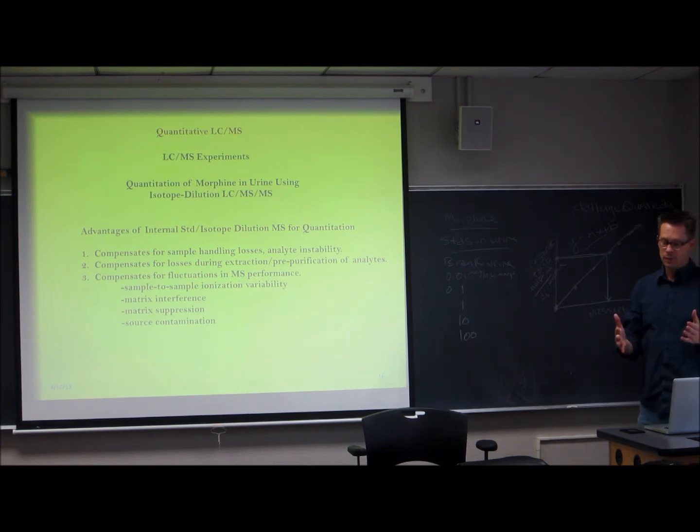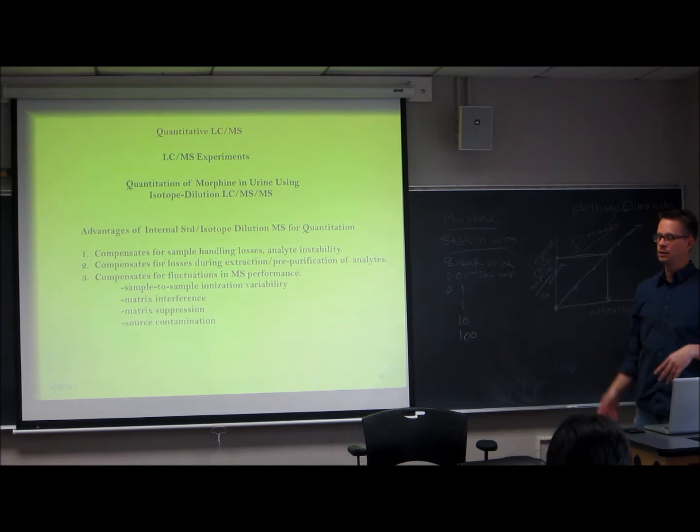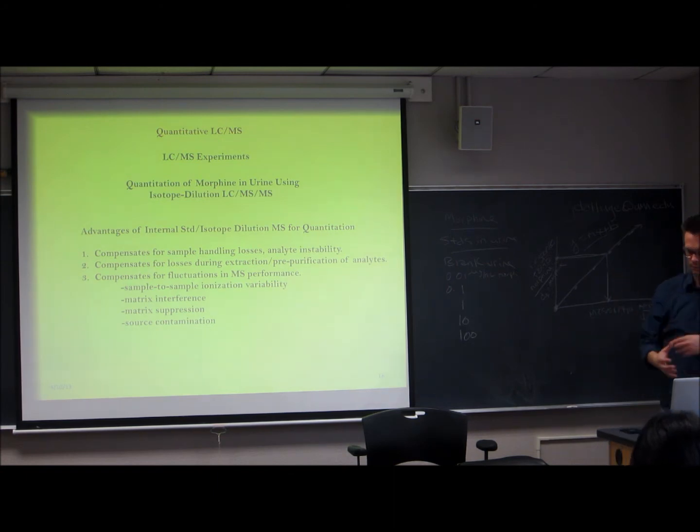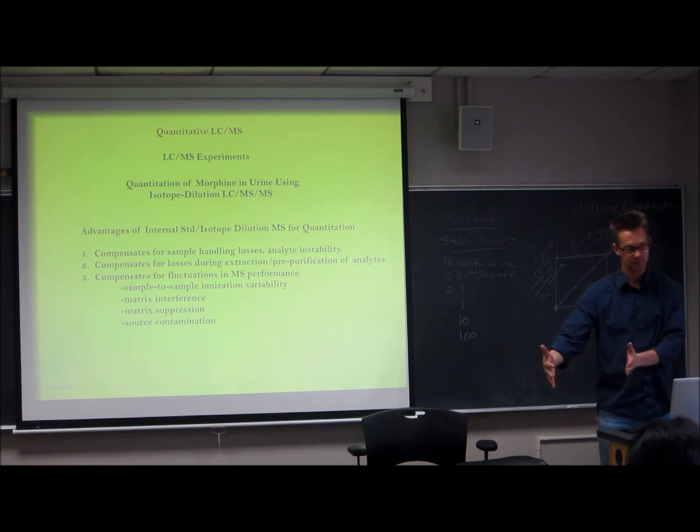So 2 typical simple isotope dilution quantitation experiments might be: you have a set of standards in water, or preferably in a good blank matrix. But if you cannot get a complete blank, you're going to have to do it in water, or something as similar as possible to the matrix of interest. And then you've got your 50 samples. You take your volume of all of your standards, and you add a 10th volume of internal standard to all of your samples.